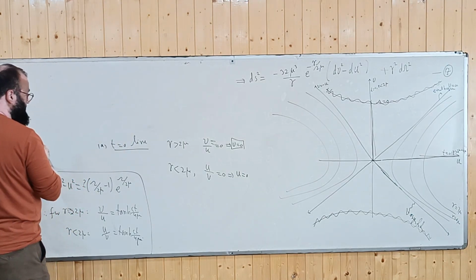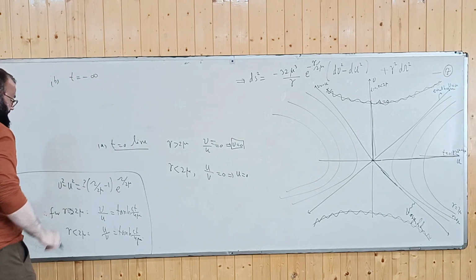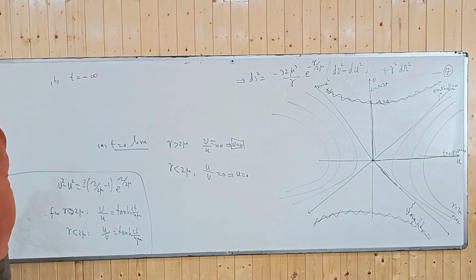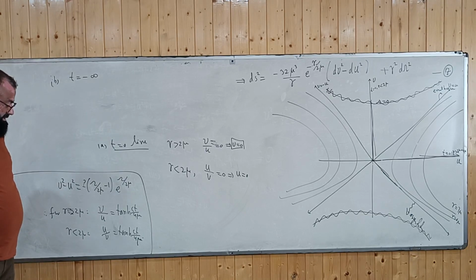So let's look at t equal to minus infinity first. Can anyone tell me why is t equal to minus infinity? In both the cases, what is tanh of minus infinity?